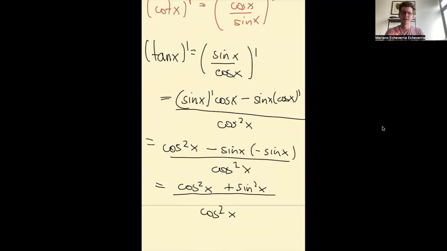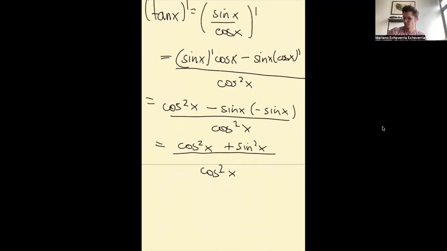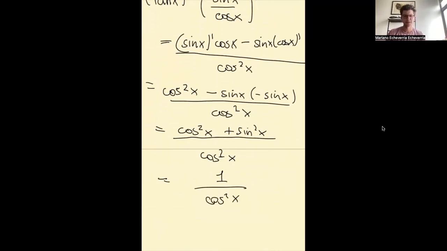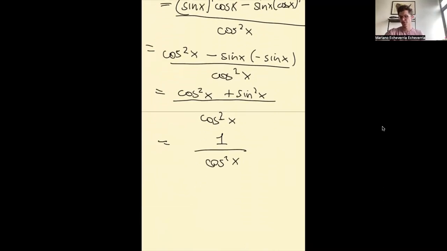Okay. And then hopefully you remember that there's this key identity that cosine squared plus sine squared equals 1. Right? And what is 1 over cosine squared? Well, 1 over cosine is secant, so this is just secant squared of x. Is that making sense?